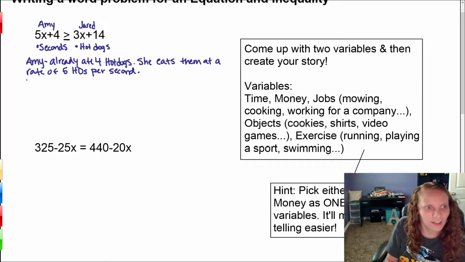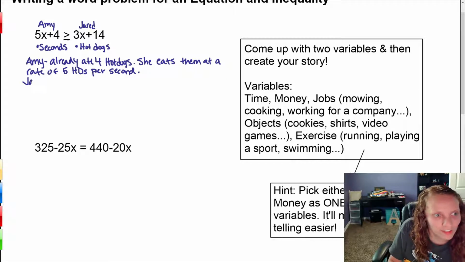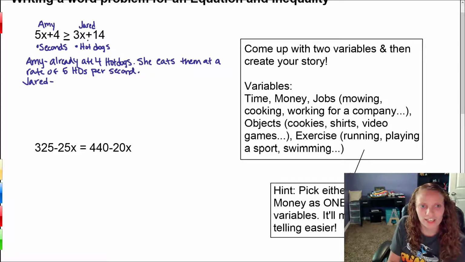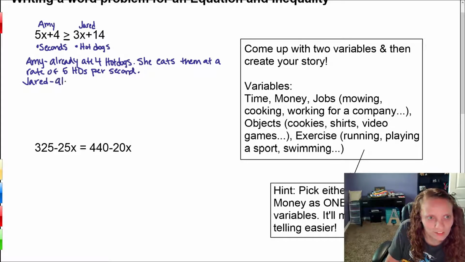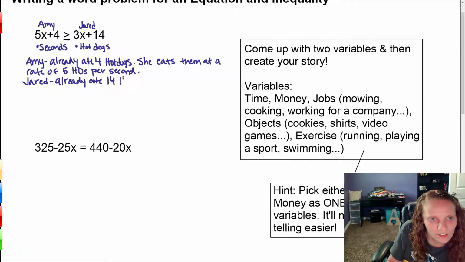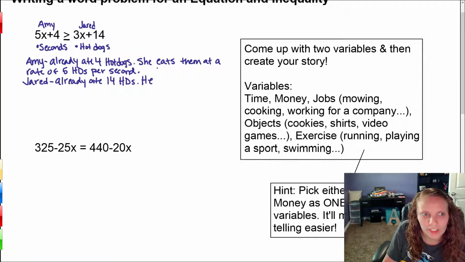Okay, let's compare Amy with Jared. Jared has already eaten 14 hot dogs. So it looks like he had a head start. But he's eating them at a rate of 3 hot dogs per second.